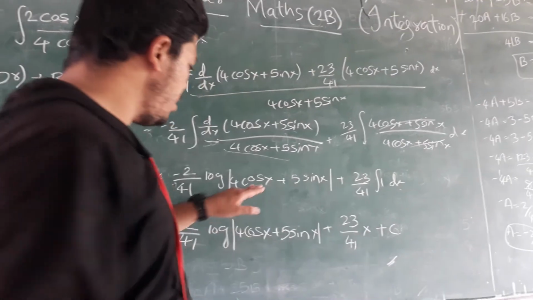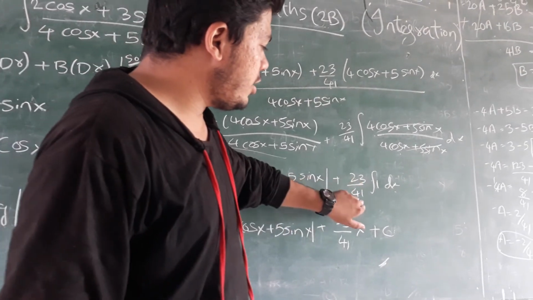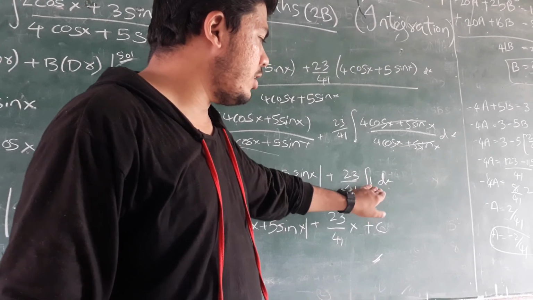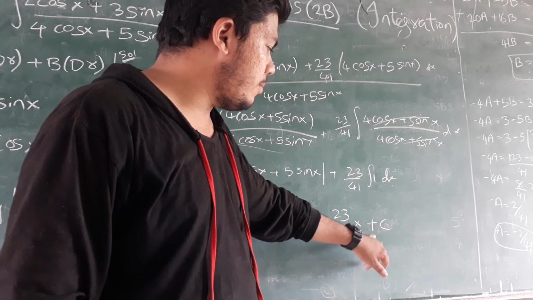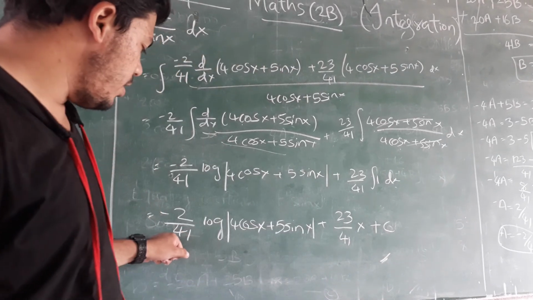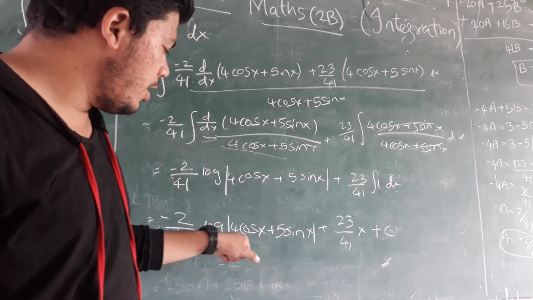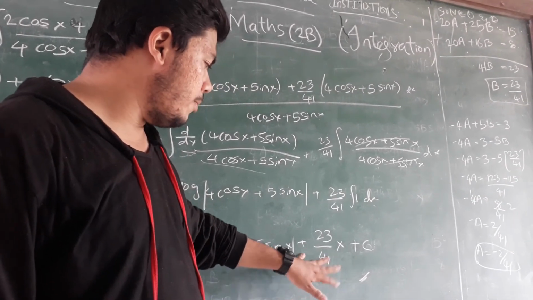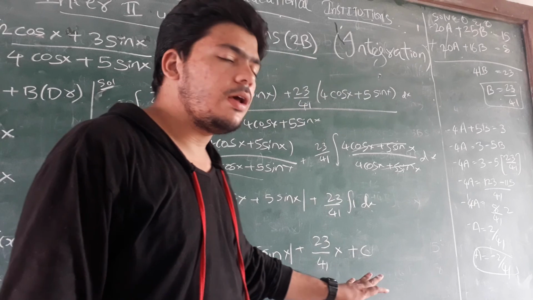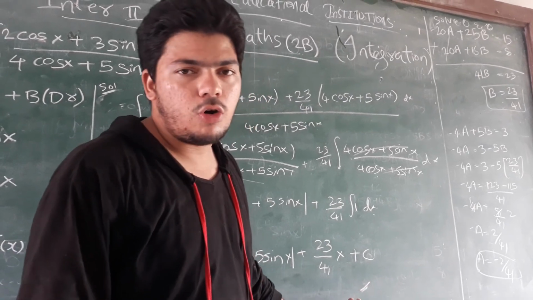The integration of 1 is x, the integration of a constant is x plus c. So the answer is minus 2 by 41 log mod of 4 cos x plus 5 sin x, plus 23 by 41 x, plus c. Hoping that you have understood.